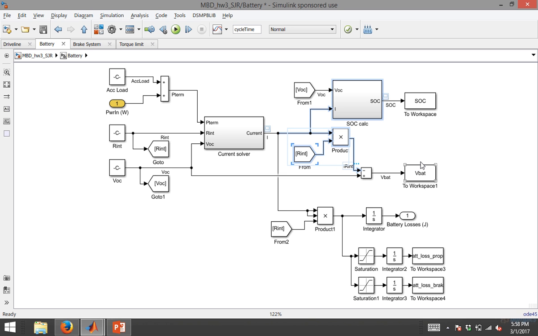When you start to load it, it'll actually change what the battery voltage is, and you can just take the current, multiply it by the internal resistance, and then take VOC and subtract that from it, and that'll give you VBAT. So essentially, as you pull current, what is called voltage sag, when you pull a lot of current out of your battery, the voltage across the terminals actually drops. And so this is kind of trying to show that.